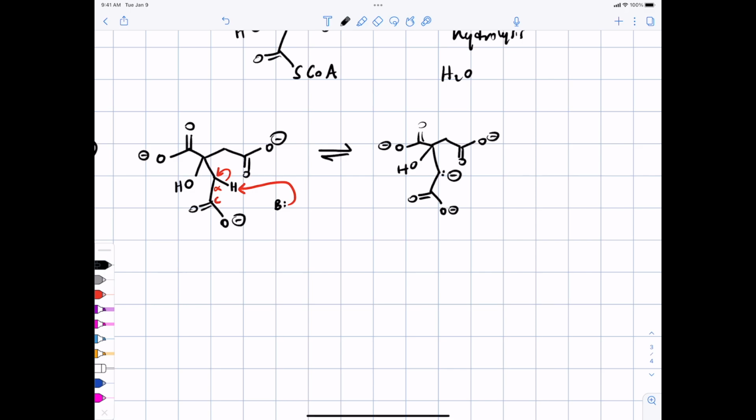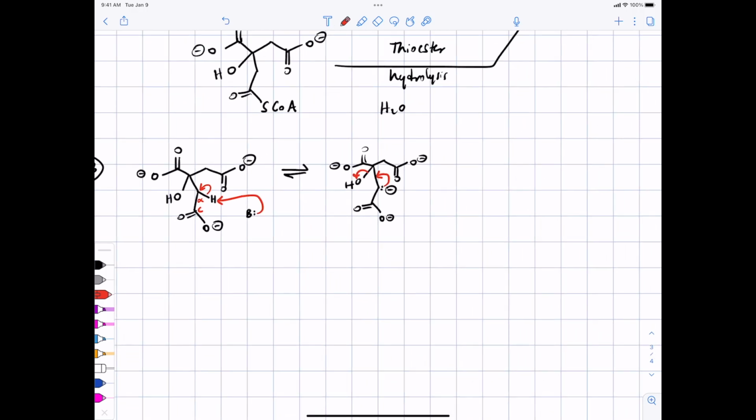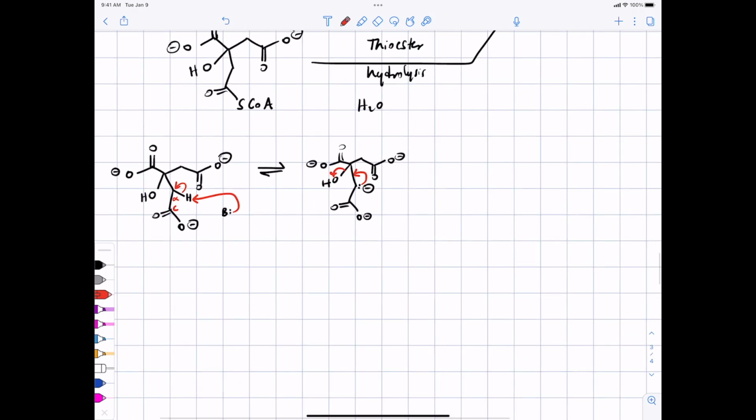Okay, and then the electrons kick down and OH minus leaves.